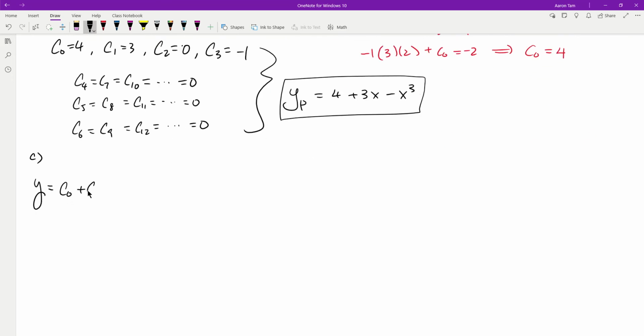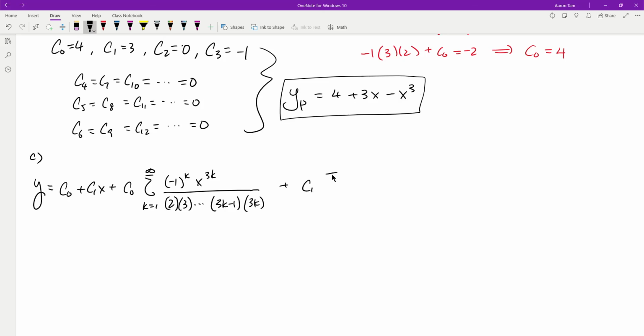c sub 0 plus c sub 1 x plus c sub 0 summation k from 1 to infinity, -1 to the k, x to the 3k, over 2 times 3, times 3k minus 1, and 3k.